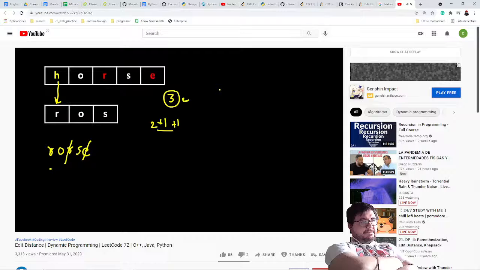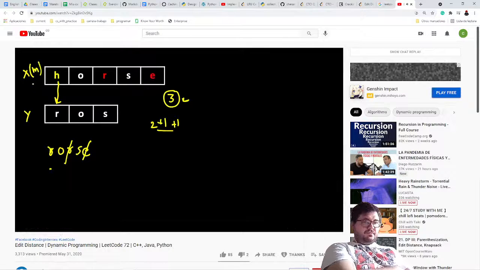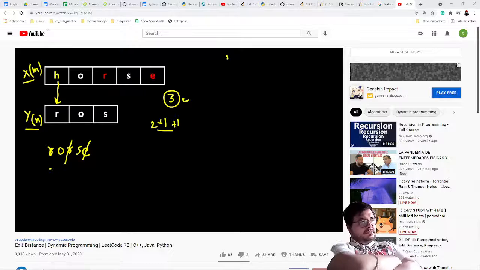So one thing to note is how can we find that? So let's say this is X and this is Y, and its length is M, and here it's N. That means X has M characters and Y has N characters, and we are asked to find edit distance. Let's call it ED(M, N). So this denotes taking the first M characters of X and N from the second string.